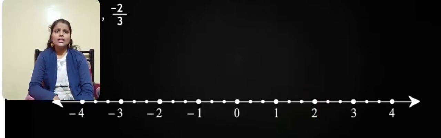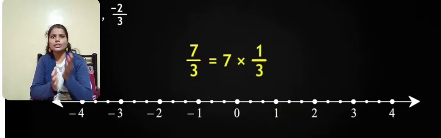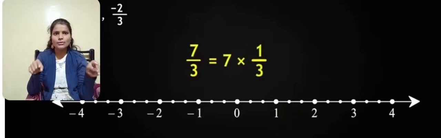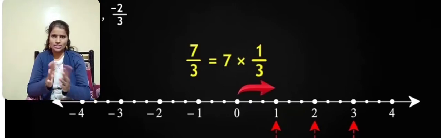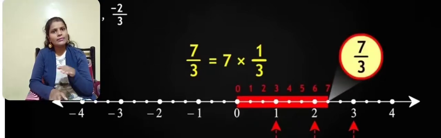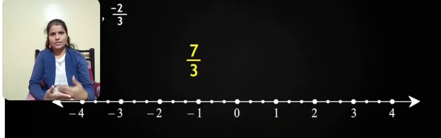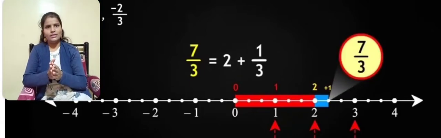On the number line, mark 0 to 4 and 0 to minus 4. 2 is a rational number, and 7 upon 3 is equal to 7 multiplied by 1 upon 3. So the 1 upon 3 part of the unit is taken 7 times, which gives 7 upon 3.